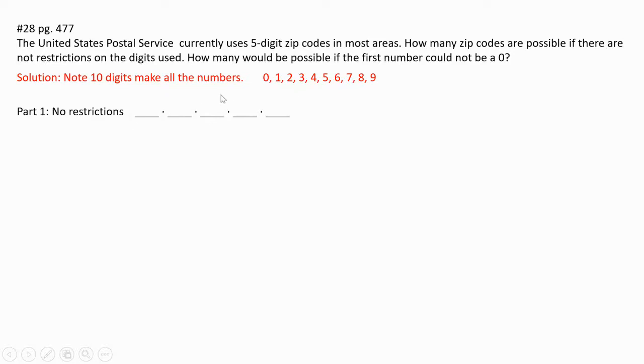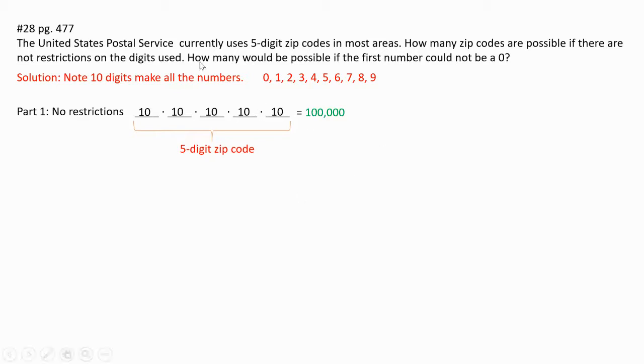So how many digits can go here? All these can go there. So there's 10, right? So it's going to be 10. Those are my 5-digit zip code. 10 can go there, and there, on the 3rd slot, on the 4th slot, and on the 5th slot, right? Because there's no restrictions. So the answer will be 100,000 possible ways.